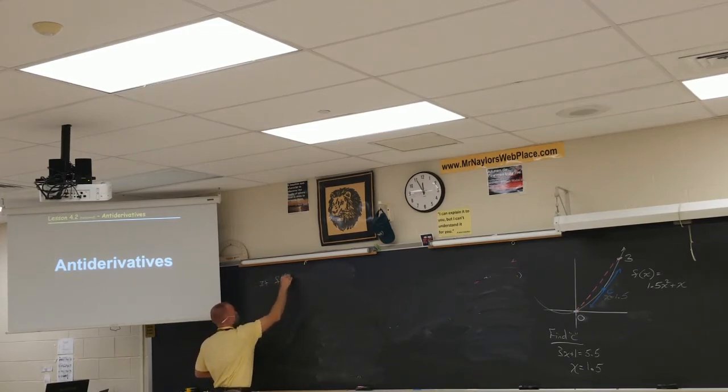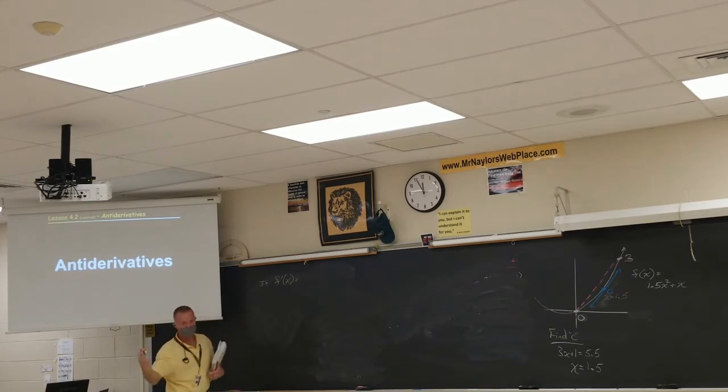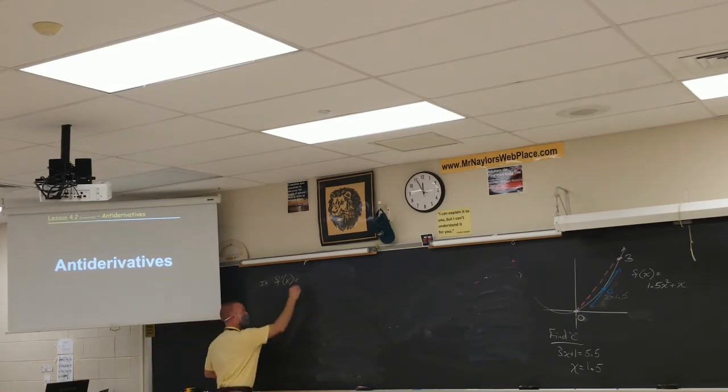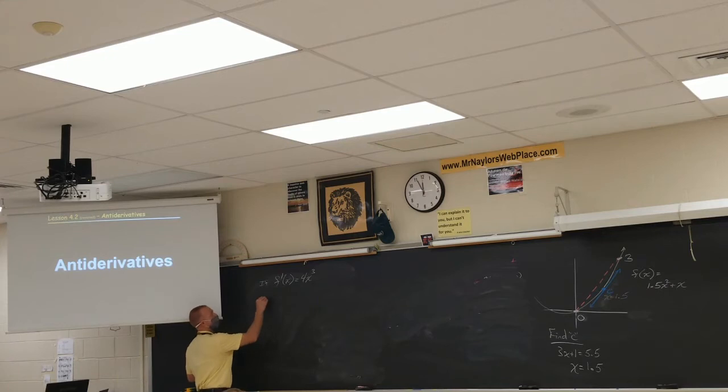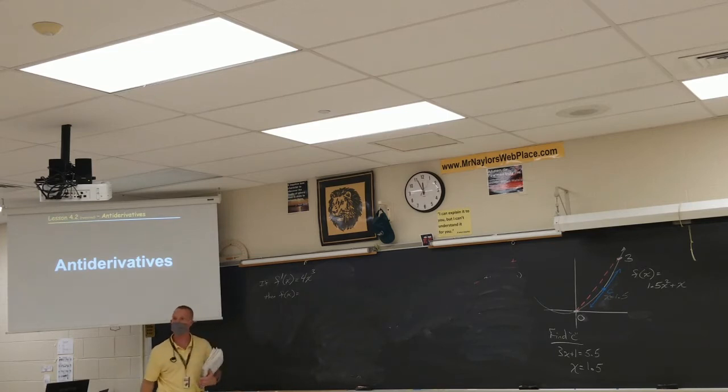Let's say I tell you that the derivative of some function is 4x cubed. So f prime is 4x cubed. Where did that come from? What would be f of x?